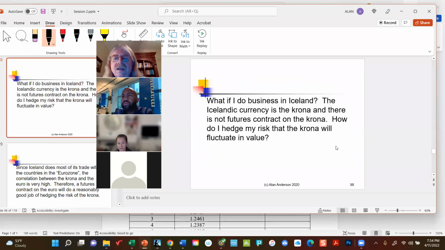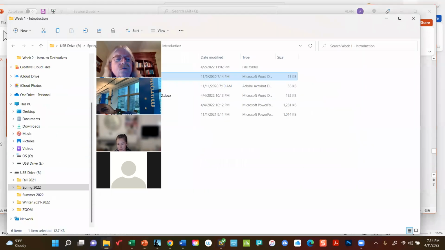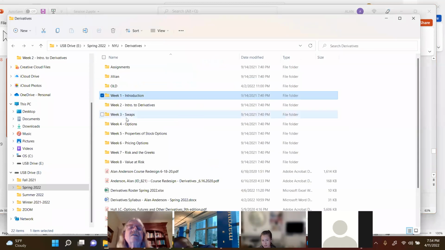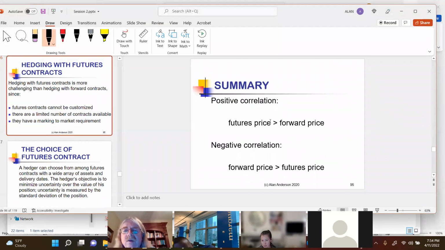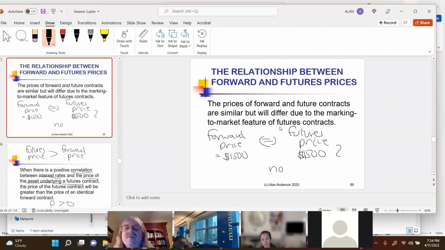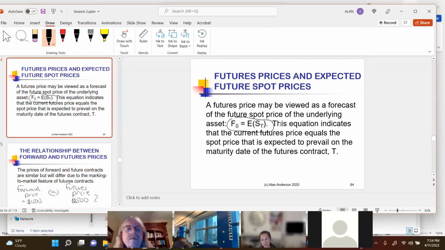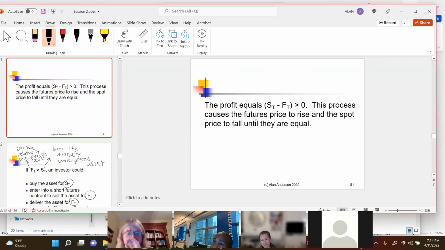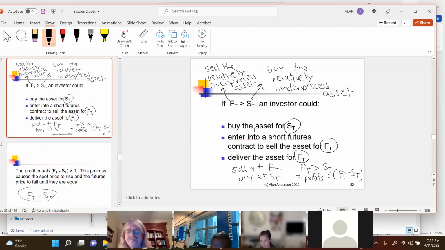Tonight we're only doing an intensive review of forwards and futures. Next week we'll be looking at swaps in great detail, and then options is the week after. I think we're good, but we do need to have our break before it gets too late. We're going to look at a theoretical discussion about forwards and futures prices, and then some hedging strategies, which I think you'll find very interesting.